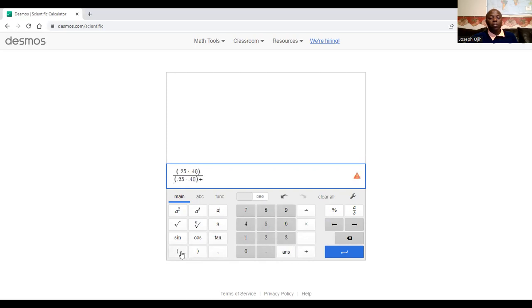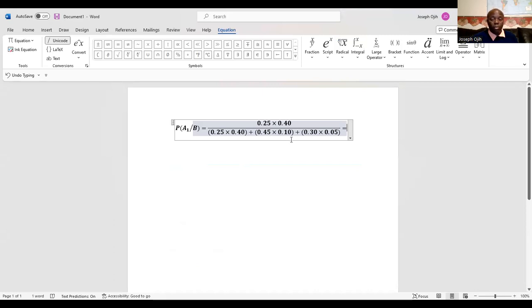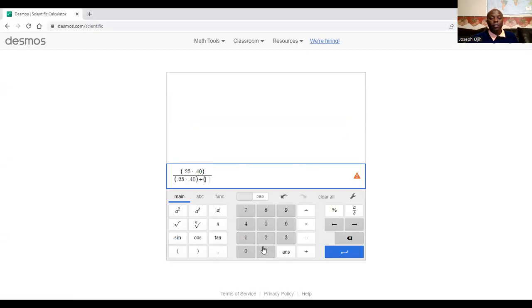plus, for the second part, if you remember, 0.45 times 0.10. So I'm going to put it in the calculator: 0.45 times 0.10. Then put the last one, plus.